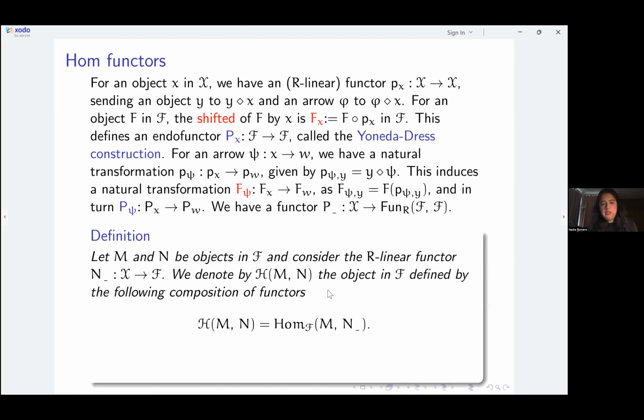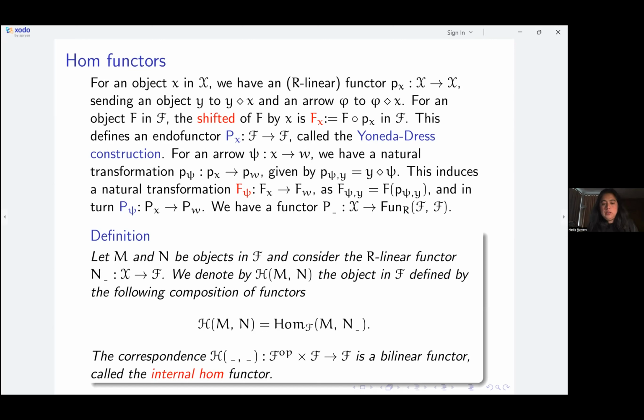What we're doing at the end is taking the Hom in our category F, but with respect to the shifted of n, where m is fixed. When we evaluate, we're shifting n by all the objects of X and all the arrows. So the composition of these two gives me a new object here in F.